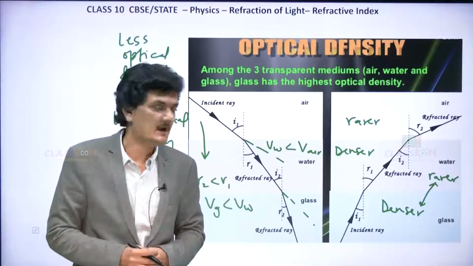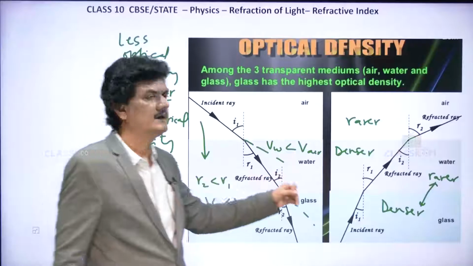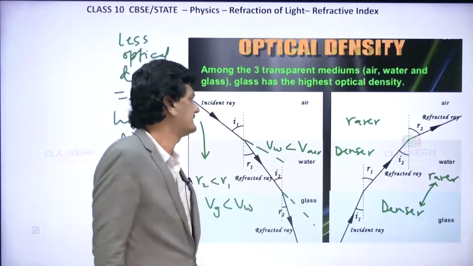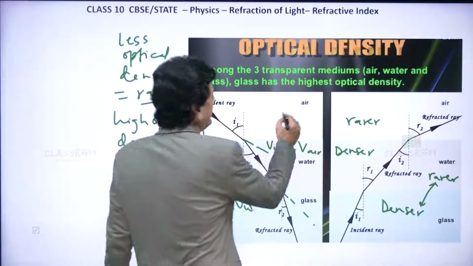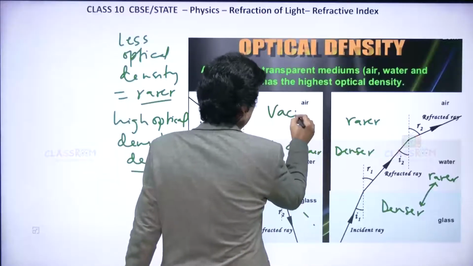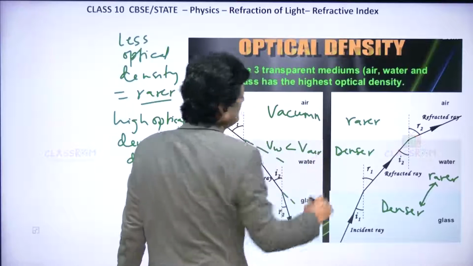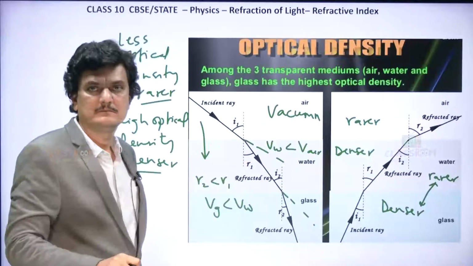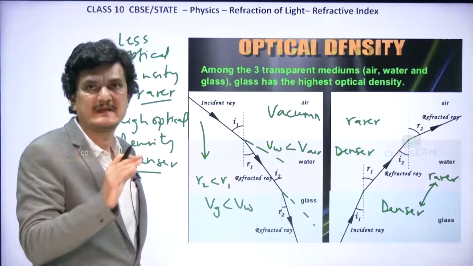So what we do is compare all the transparent media with respect to a standard reference, vacuum or air. We compare the optical densities of all the media with vacuum, so that there is no confusion at all.